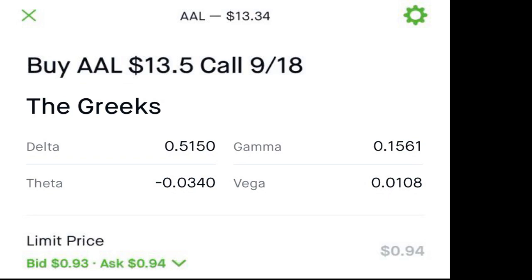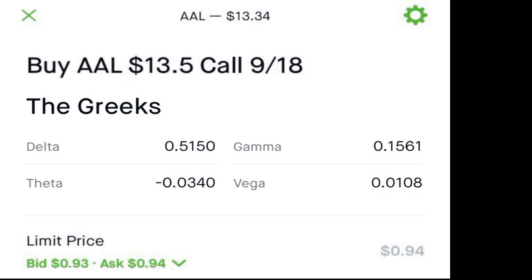The gamma in this example is 0.1561. This means that if American Airlines goes up $1, the delta will then go up 0.1561. So the delta would then be 0.515, which is the current delta, plus 0.1561, which is the gamma, which is around 0.67 total.